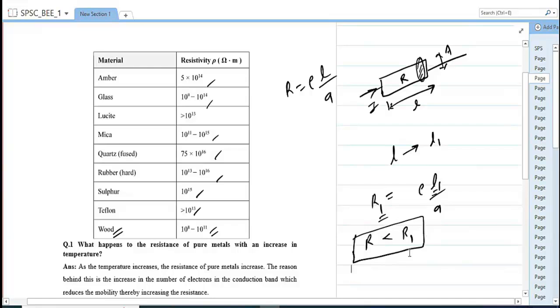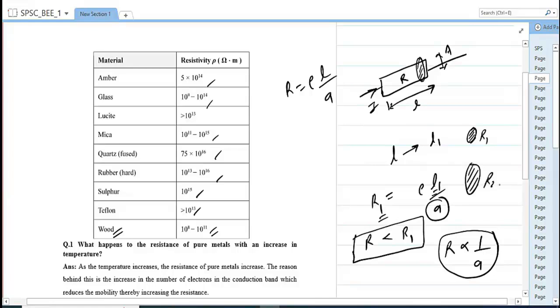The same thing happens with area. So resistance is inversely proportional to the cross sectional area of the material. For this cross sectional area, resistance is R1. For this cross sectional area, resistance is R2.